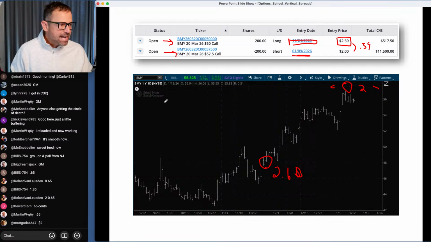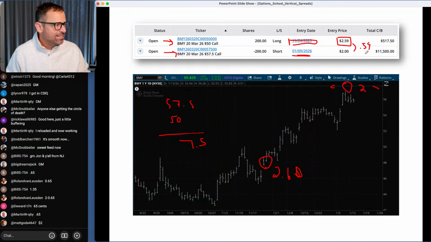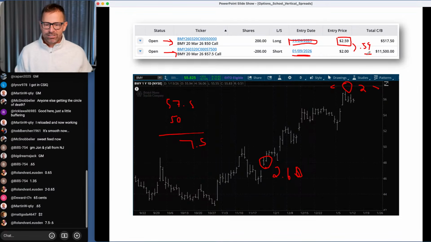Well, the most that we can make is the difference between 57.5 and 50. So our reward is $7.50, and our risk is down to $59. So right now, the risk is $59 per one lot.